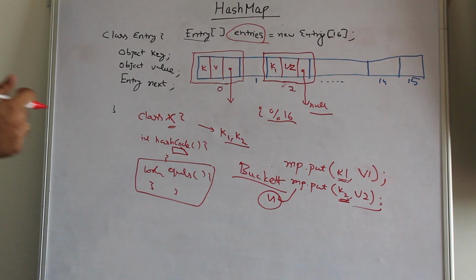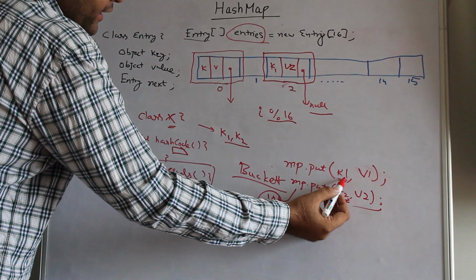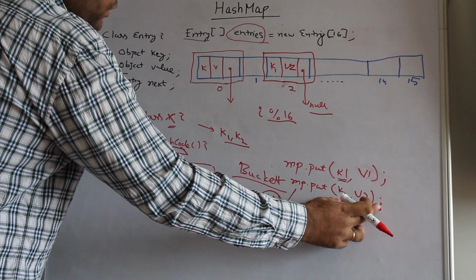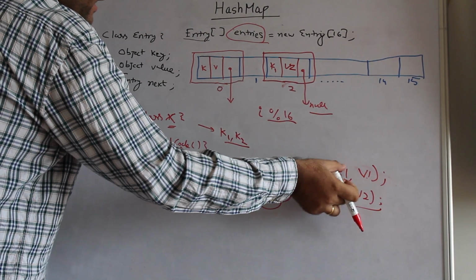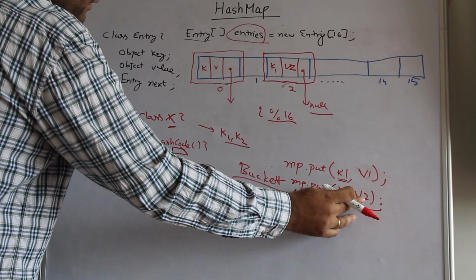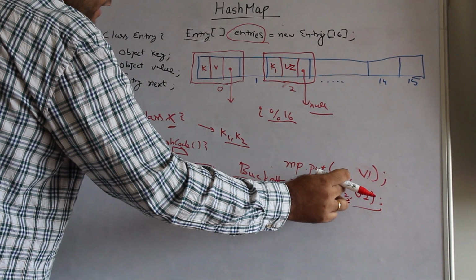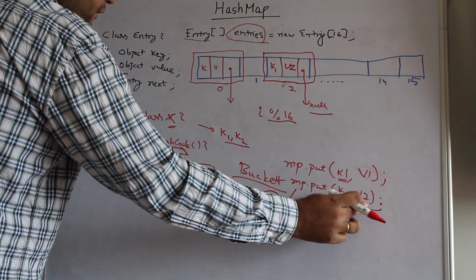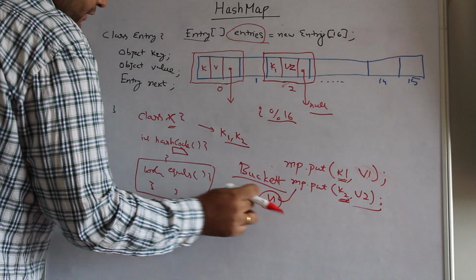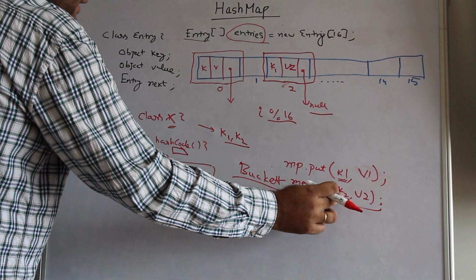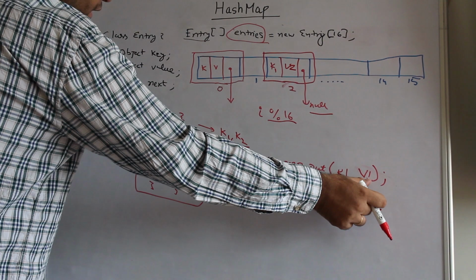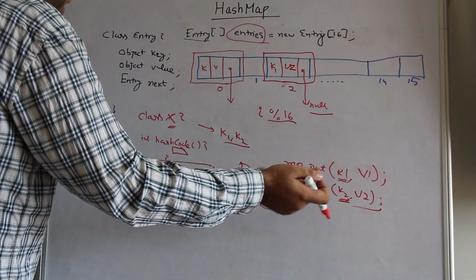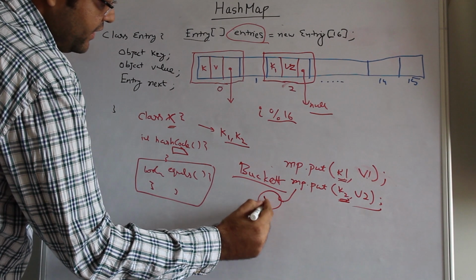For example, k1 v1 was previously stored here, and then you are storing k2 v2, but k2 and k1 are equal. So previously against k1, v1 was stored, so when you try to put k2 v2, it will return v1.